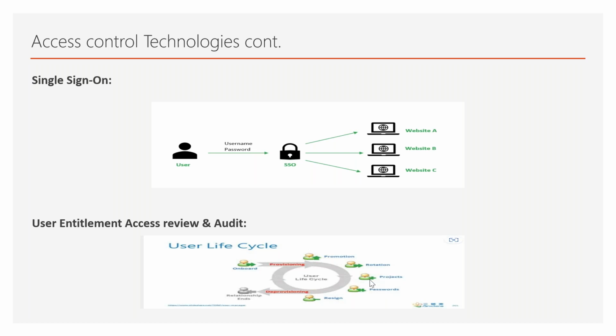Let's say a user was working in project 1, later on the user moved on to project 2, or the user got promoted. Since the user moved on to project 2, ideally the access of project 1 should have been revoked. But since the access was not revoked, now the user contains the access of both project 1 and project 2. This directly violates the separation of duties or least privilege control.